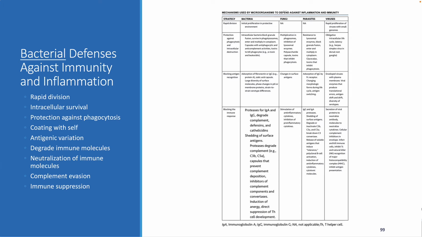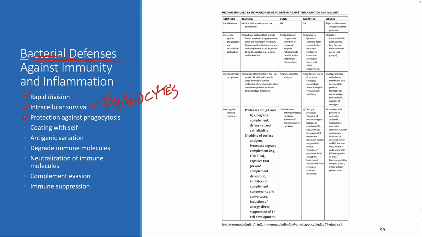Well, the bacterial defenses against immunity and our inflammatory response are these things: rapid division, intracellular survival, that is, they can survive inside phagocytes. How weird is that? Right? So that's not all bacteria, but that is one bacterial defense against immunity and inflammation that bacteria have developed, the ability to survive inside of phagocytes.